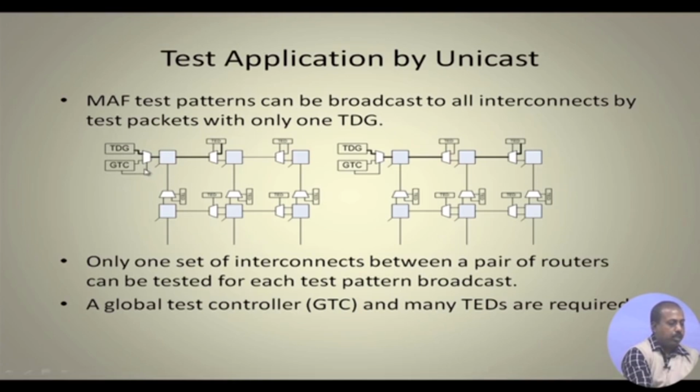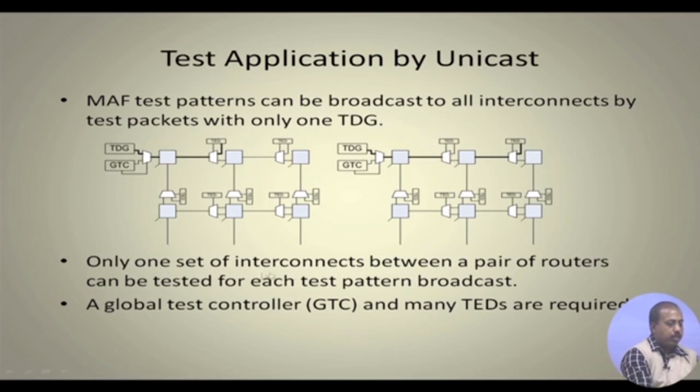The global test controller controls this broadcasting process. Here, from the TDG, it gets connected to this TED, and as a result it comes to this interconnect, and this TED does the analysis and sends the information back to the global test controller about the status of this link. It also gets forwarded to the next link, so that the next link can be tested, and that will give its information back to the global test controller.